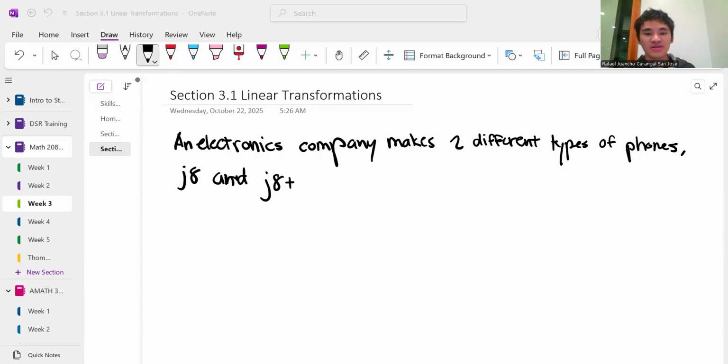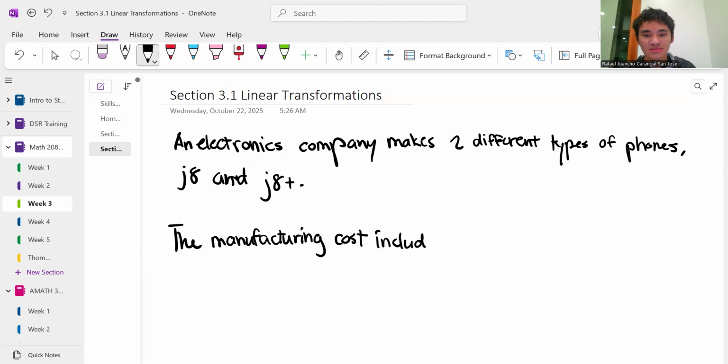Now the manufacturing, the things needed to make the phones, the cost of all of that includes a couple of things. It includes labor, the ones who are making it; materials, that's self-explanatory, the things we use to make the phones; and overhead.